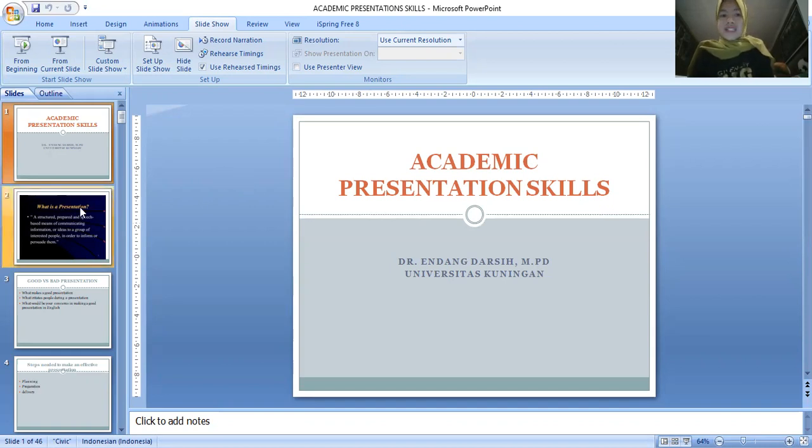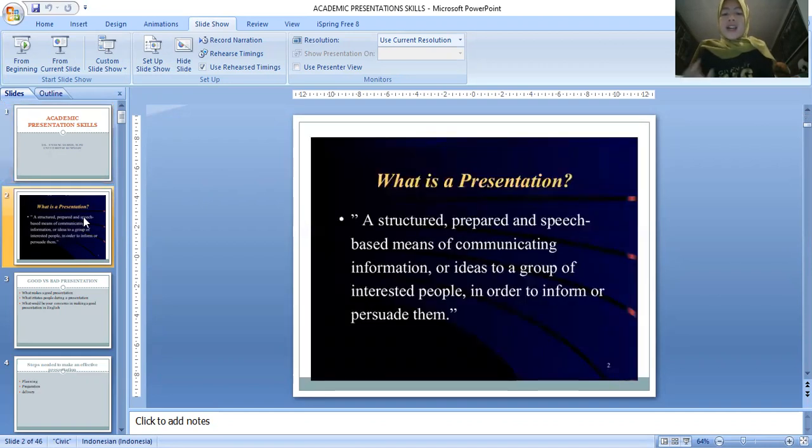Now move to the next slide. Okay. Presentation is a structured, prepared, and speech-based means of communicating information or ideas to a group of interested people in order to inform or persuade them.